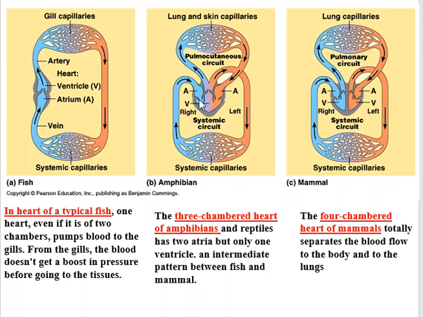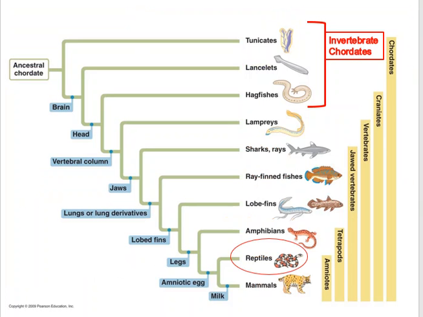It becomes a little bit better in reptiles, but it becomes really good in mammals and birds. This is the typical heart, four-chambered, almost two separate hearts that work in parallel next to one another. So this is what I want you to remember about heart evolution.